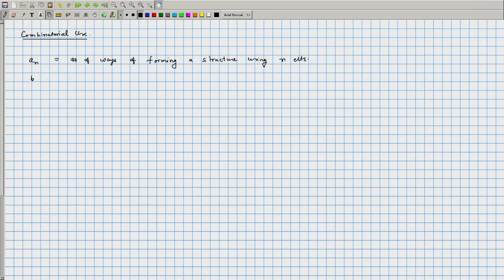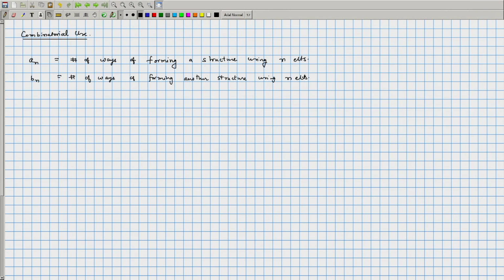And Bn is also the number of ways of forming a different structure, could be even the same structure, called another structure, using n elements.